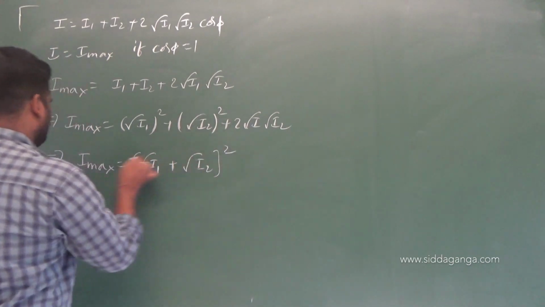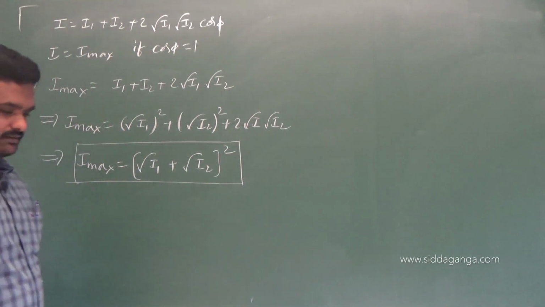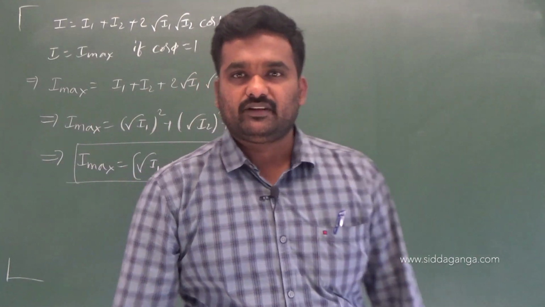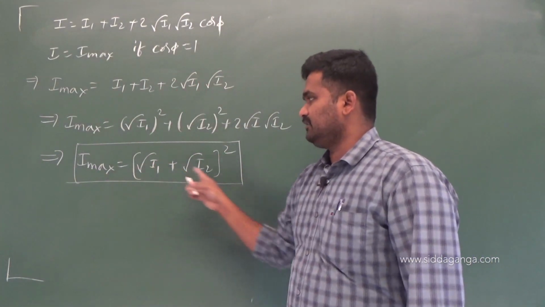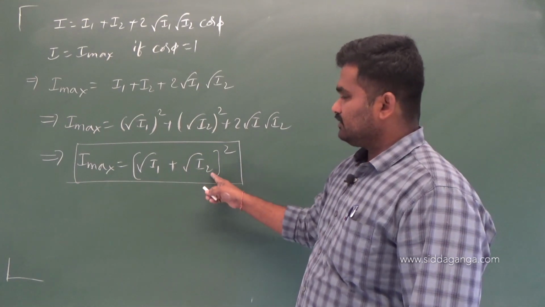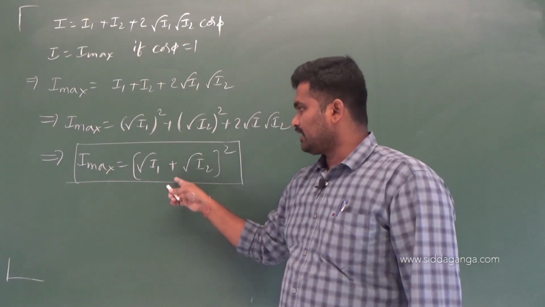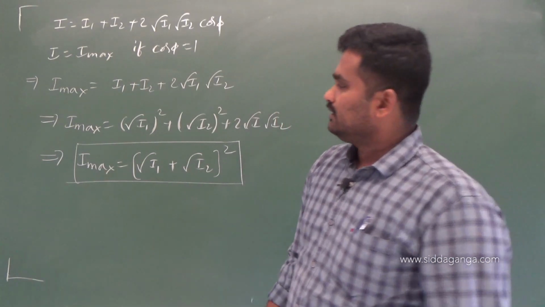This is the formula you have to remember for the intensity in case of constructive interference.